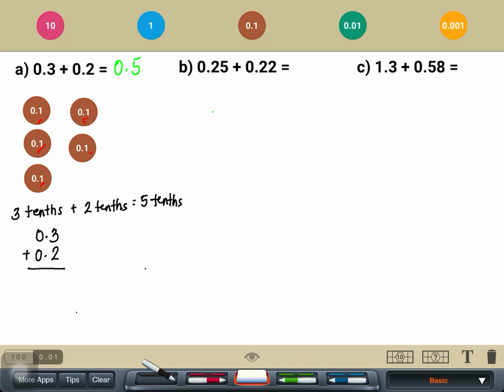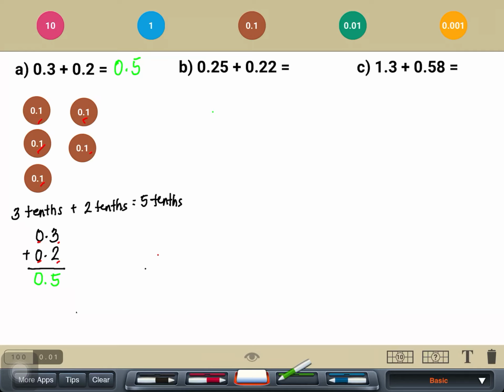Okay, so the 10th here should be aligned with the 10th, the ones with the ones. Okay, and then we can add it normally, just like how we add whole numbers. So that would now be 3/10 plus 2/10, once again, is 5/10. And then 0 plus 0 is of course 0. And don't forget the decimal point.